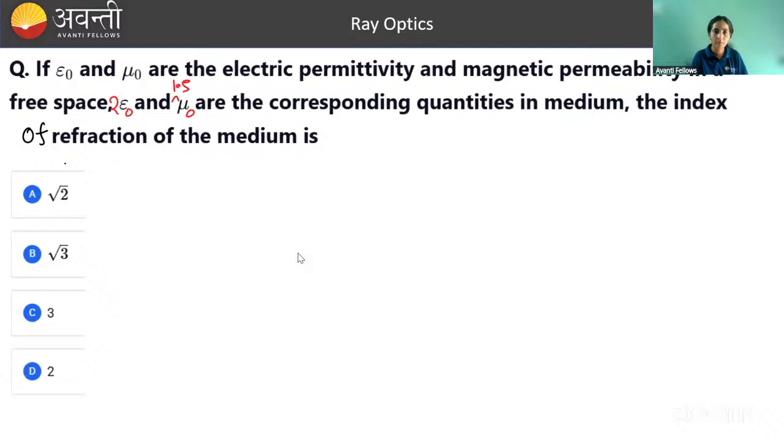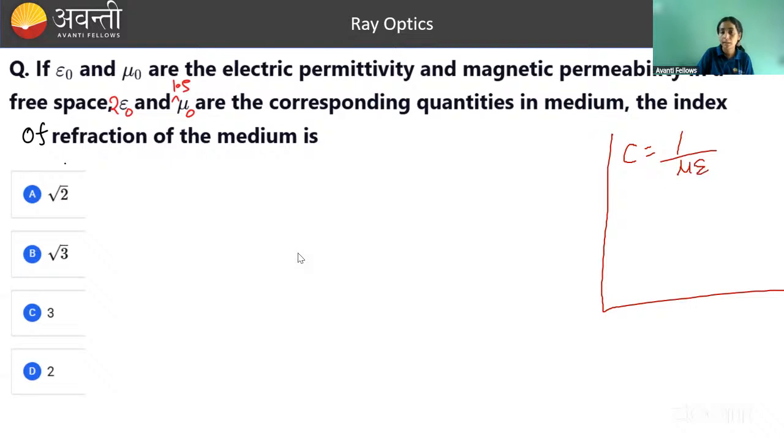Now let's move ahead. Let's do this question. The formula I told you yesterday for the speed of light, relating relative permittivity and permeability, that formula will be effective over here. So do it. Which formulas will you use here? My task is to revise the formulas. Here, how do we write the speed of light? 1 by root of mu epsilon. If we talk about 3 into 10 to the power 8, then this is 1 by root of mu naught epsilon naught. Otherwise, in any other media, it is written as 1 by root of mu epsilon. And how do we define the refractive index of a media?